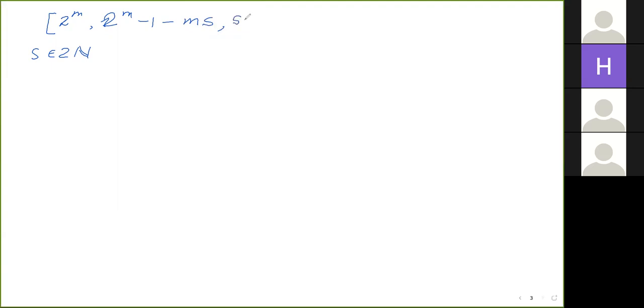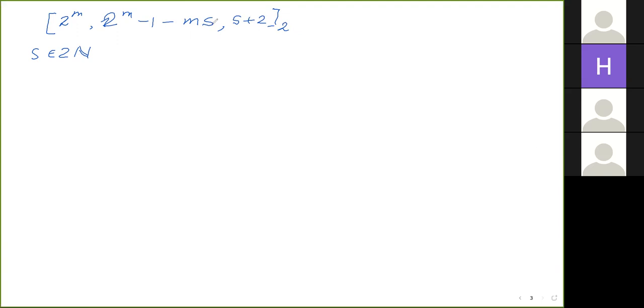And here we obtain s plus 2. Not s plus 1, but s plus 2, because the same code may be obtained if we increase s by 1, as we have seen from the table.